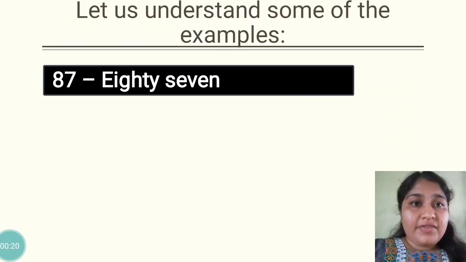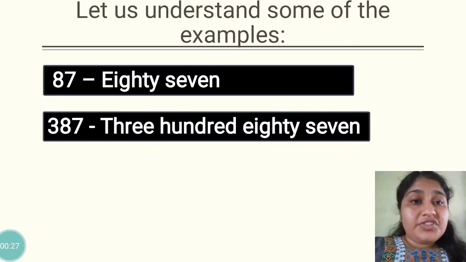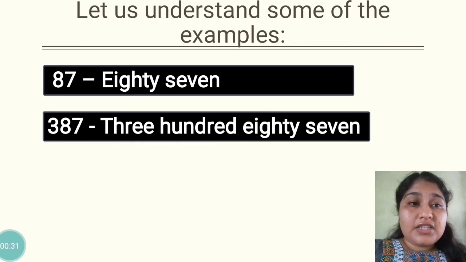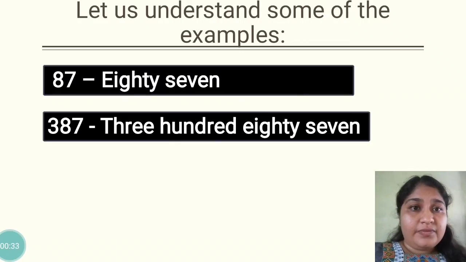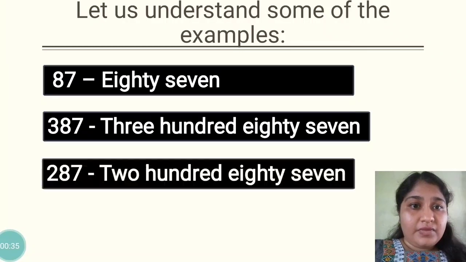So, 87. What is the number name of 87? 87. 387. So, what will be the number name of 387? 387. 287. So, the number name is 287.